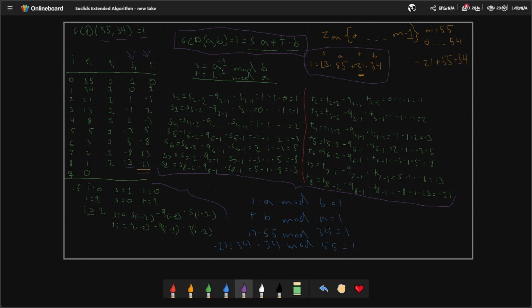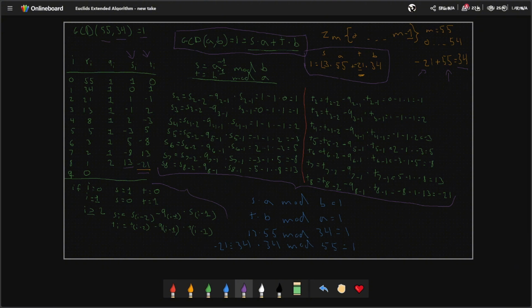And then we realized that the t value was not within the set of Cm, because the set of Cm, which in the instance of t has an m value of 55, was not in the set because the set only contains positive values. So to get around that, we added our m value, which is the a value in this example, onto t to arrive at the value of 34.